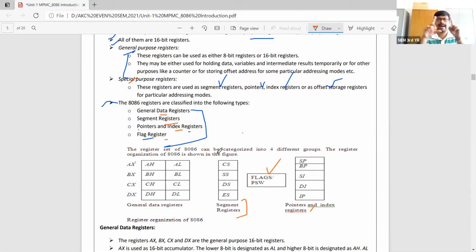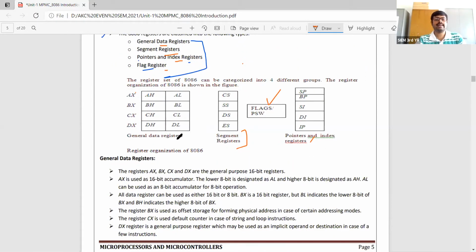Then we have seen the architecture. From the architecture point of view, what are the different points associated with the different types of registers? So general data registers, that means AH AL, BH BL, CH CL, DH DL. This is the same as the registers AX, BX, CX, DX. The only difference is that here we have high and low.